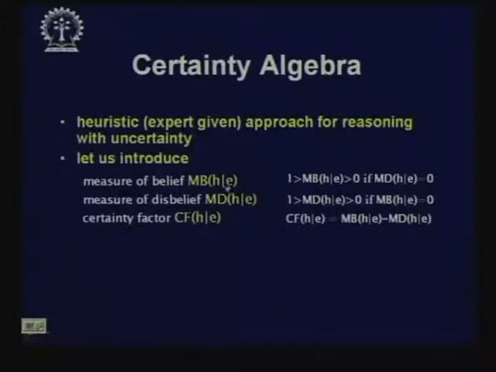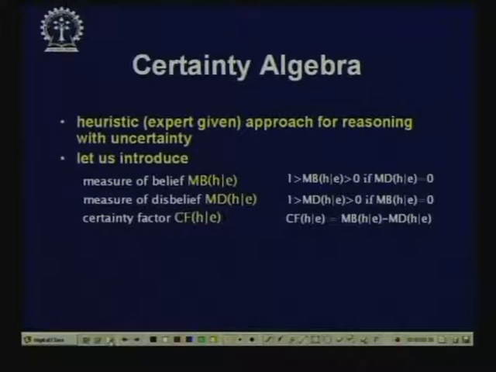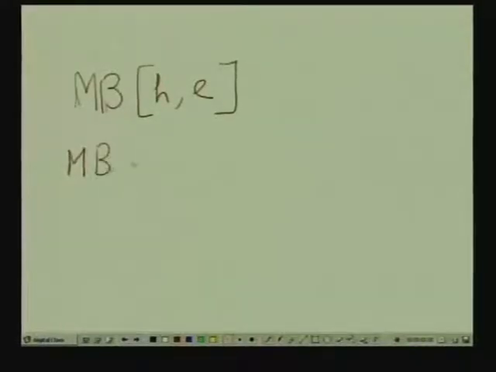MB(H|E). Now, here you may face some notational problems. So, let me again clarify that. Say when we write MB(H|E), that means MB in H given E. That means, if E is known, then what is my measure of belief in H?